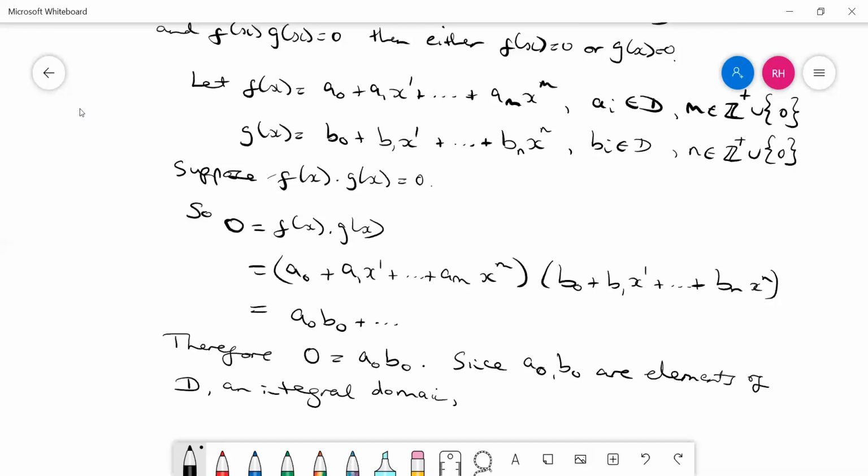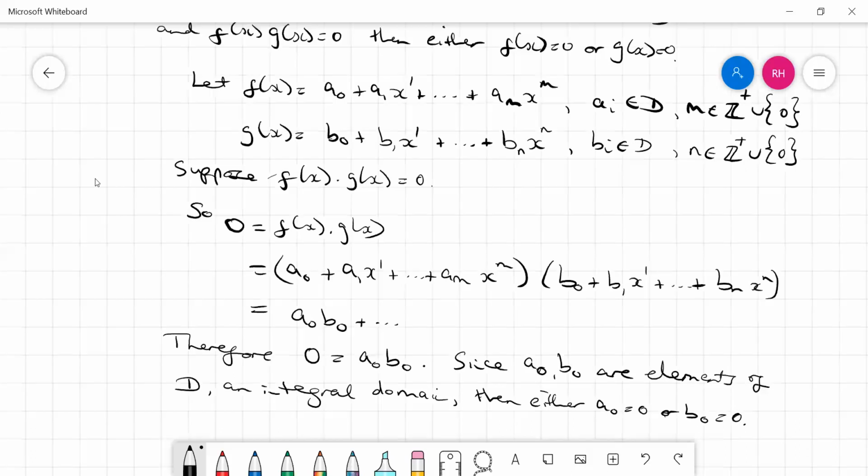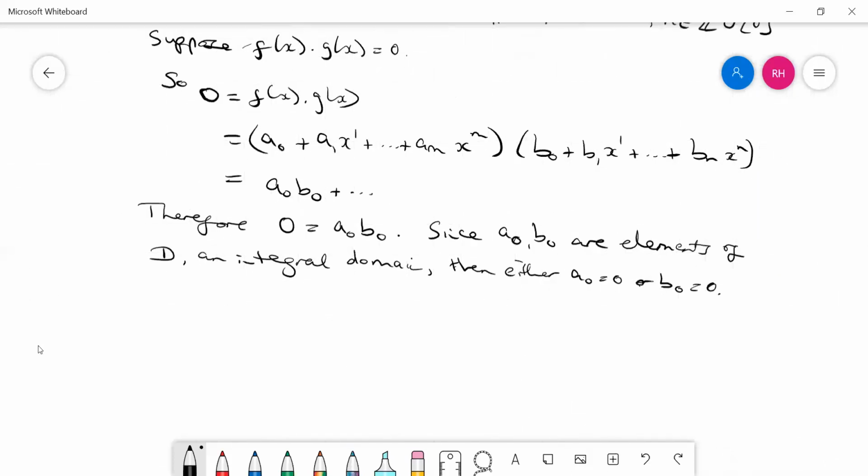So that means that this is the key bit. Then either a0 equals 0 or b0 equals 0. That's the key step. Yes, it's an integral domain, and that's one of the conditions for an integral domain.